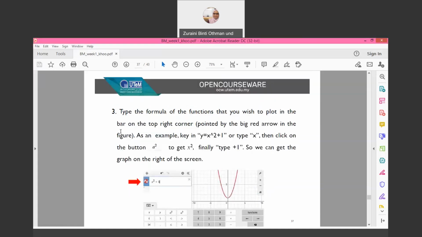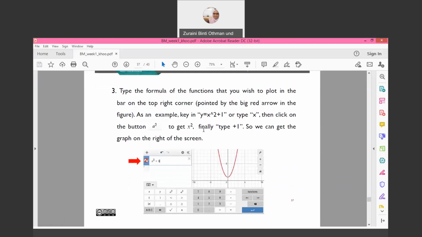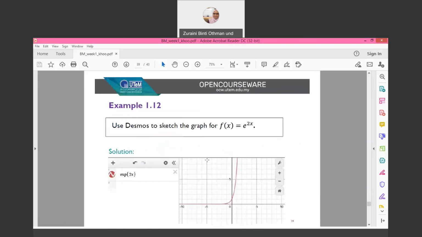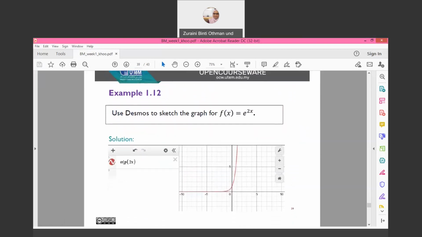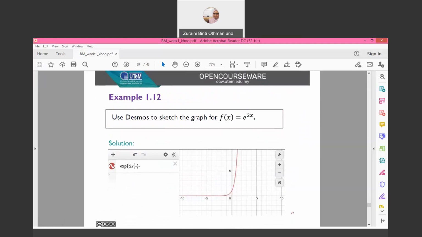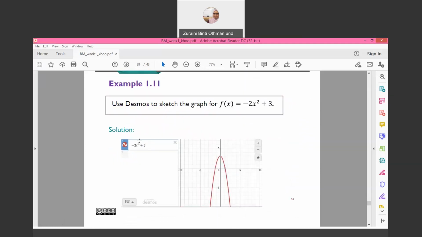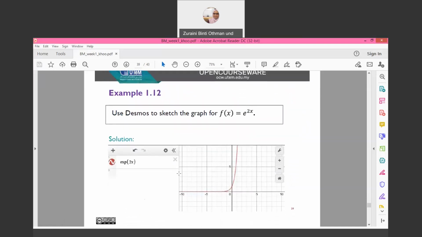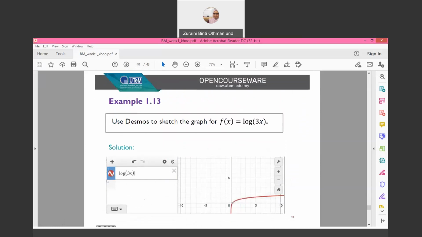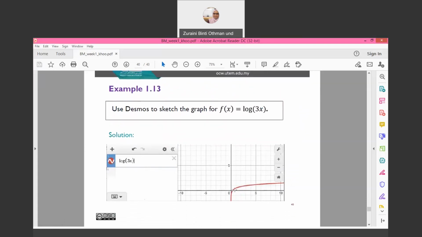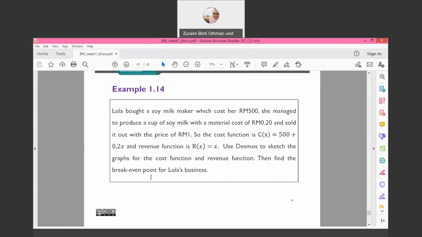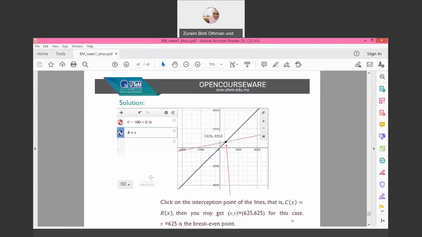Okay, so this is the explanation, like I explained just now: exponential is ESP, and square, just now you can find the square in the keyboard below, and ESP represents exponential and log is logarithmic. Then you can draw it, then you can try it by yourself. Then this is the example Lola just now. Then how we draw it?